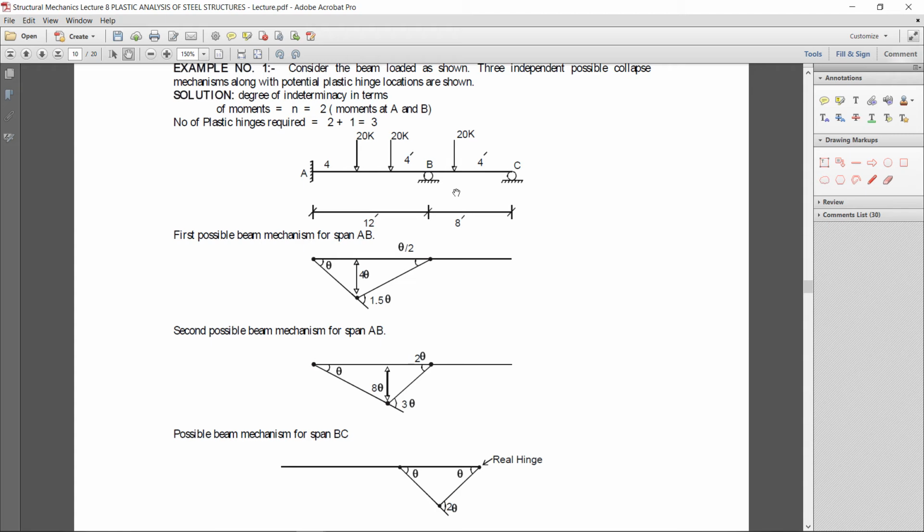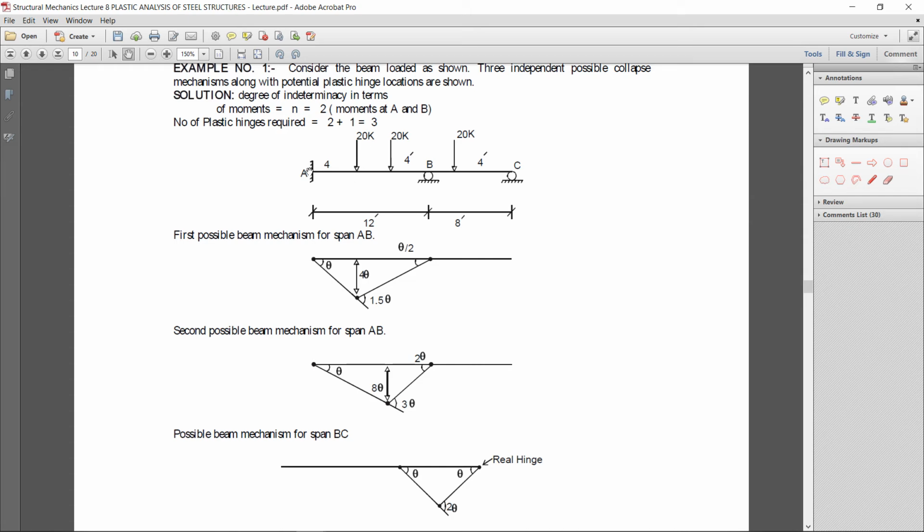The third possible mechanism is that the plastic hinge will form under this point load. That gives the three possible mechanisms. Okay, so the degree of indeterminacy of this structure is 2. So the number of plastic hinges required for the failure mechanism is 2 plus 1 equal to 3.